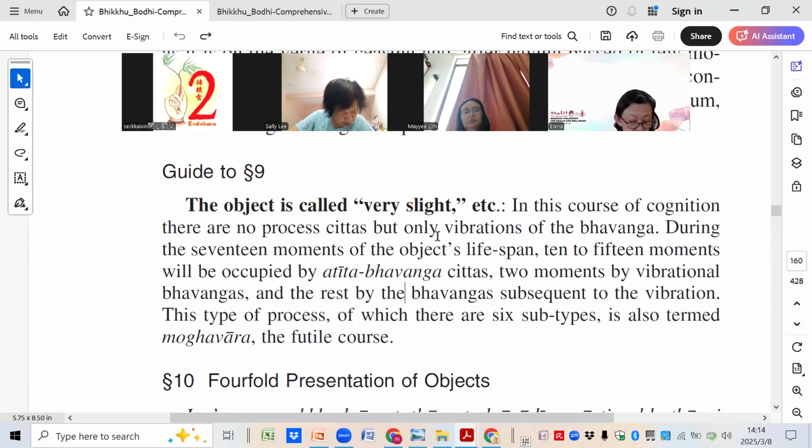During the 17 moments of the object's lifespan, 10 to 15 moments will be occupied by atita bhavanga chittas, 2 moments by vibrational bhavangas, and the rest by the bhavangas subsequent to vibration. This type of process, of which there are 6 subtypes, is also termed moghavara, the futile course. Okay, thank you so much.